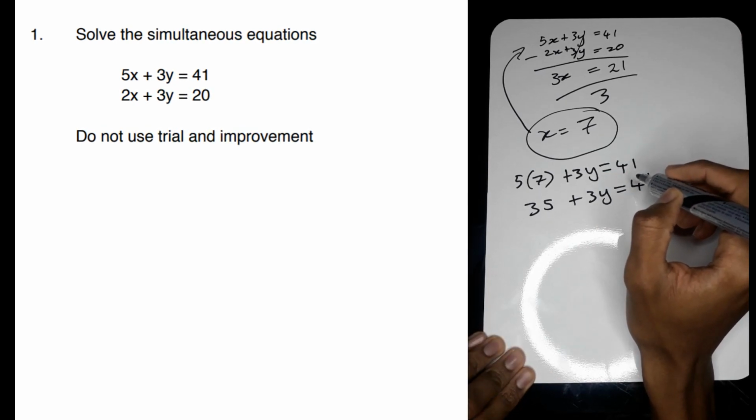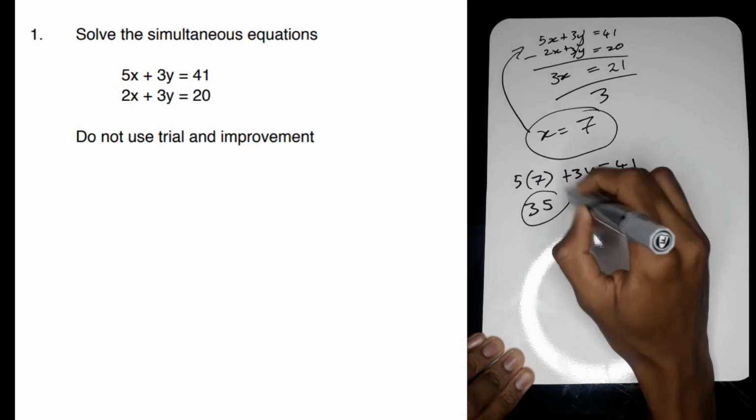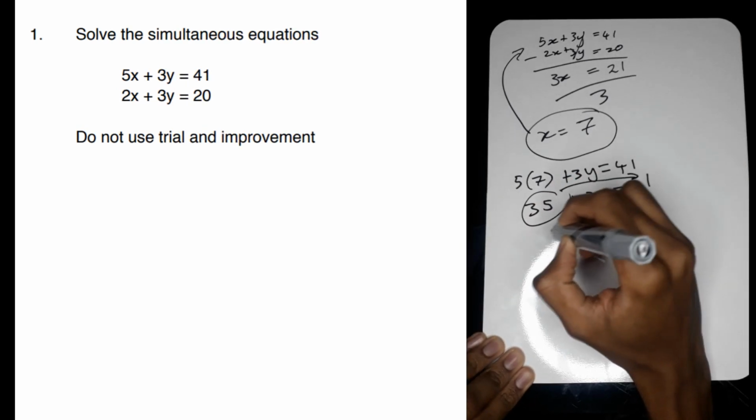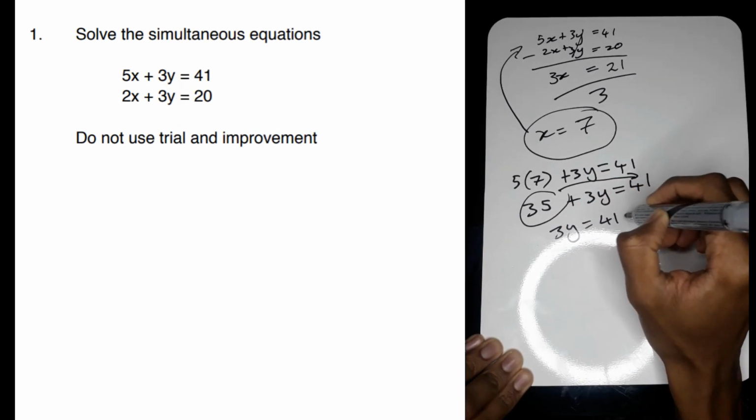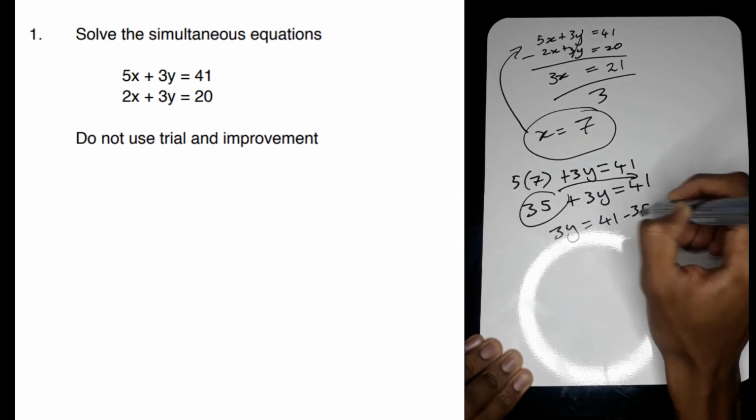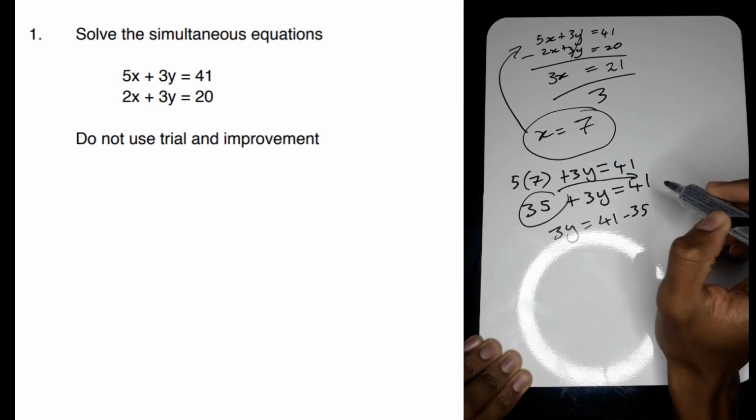And then from here, we're going to take this 35 onto this side. It's going to be 3y is equal to 41 minus 35.